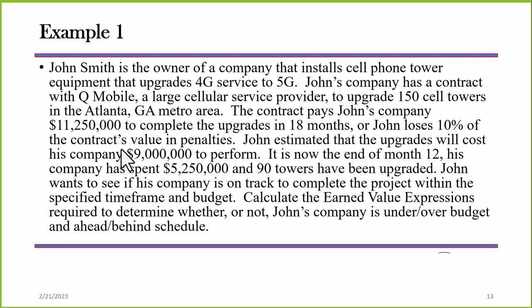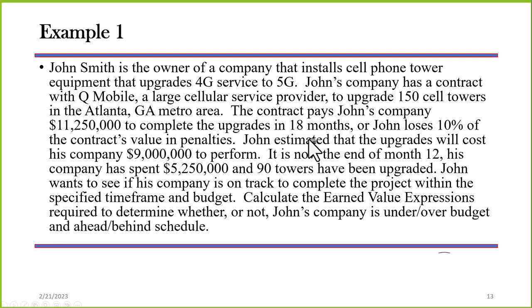Now, if you were doing this on your work, this is the type of information you would have to gather. So basically what we have here is a description of the project, and we have specified how many cell towers we're going to modify, and we have a contract for $11,250,000, and we have 18 months to complete it.